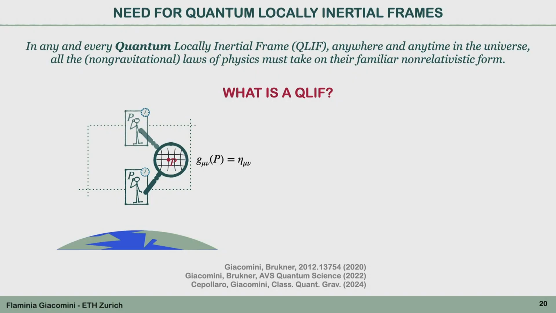And there, a quantum local inertial frame is the quantum reference frame associated to the clock, where locally, in the sense of quantum reference frames, the clock sees Minkowski at its position, and also the first derivative of the metric is 0.